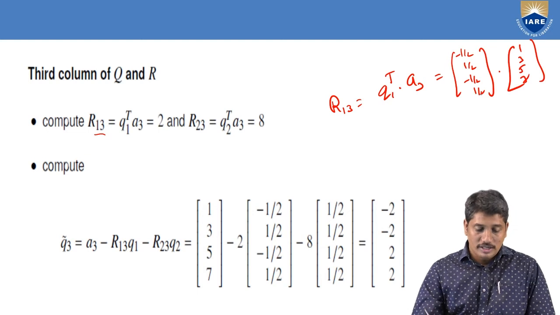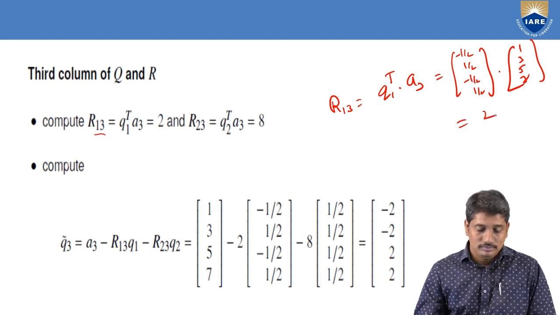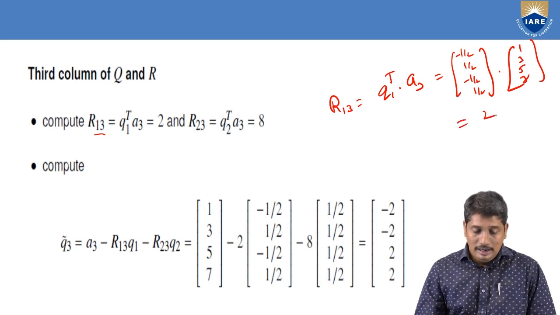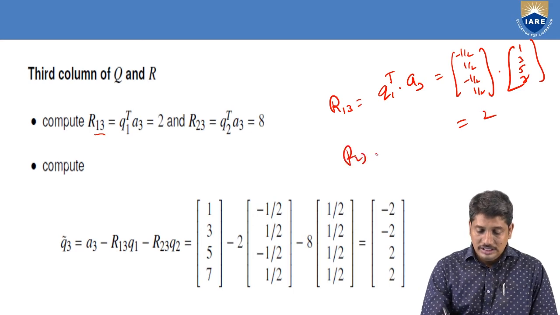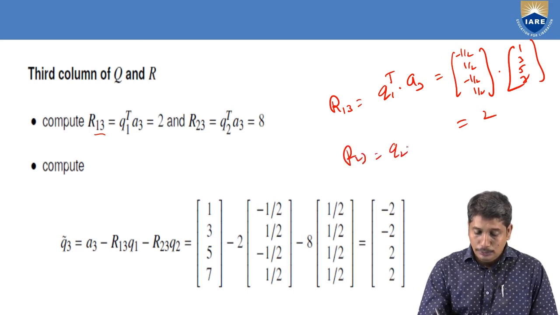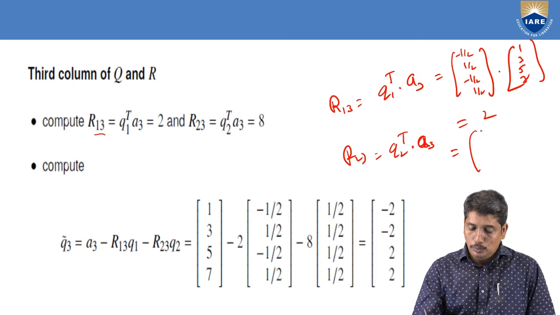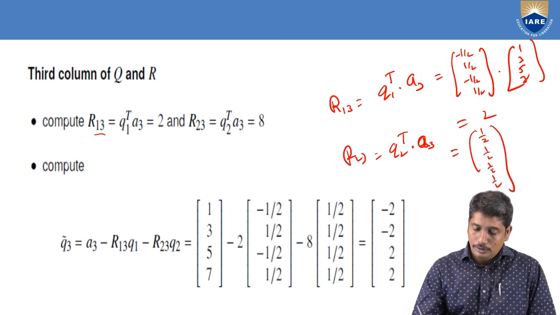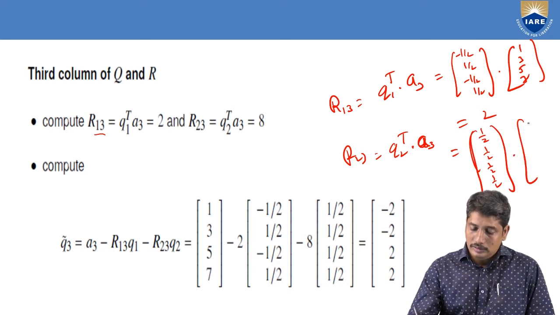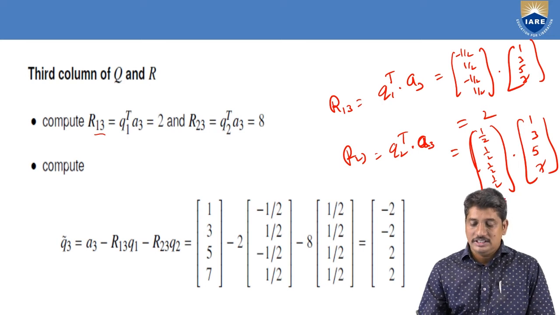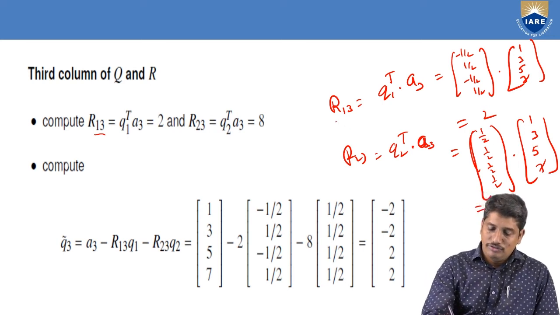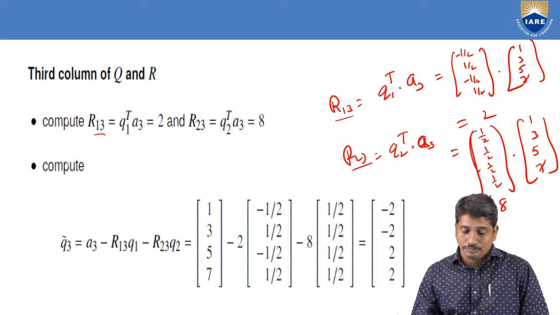When you apply the dot product, you get the answer 2. And we calculate R23 with the help of the formula Q2 transpose dot A3. Q2 is 1 by 2, 1 by 2, 1 by 2, 1 by 2, dot 1, 3, 5, 7, and this results in the answer. So we have successfully found R13 and R23.